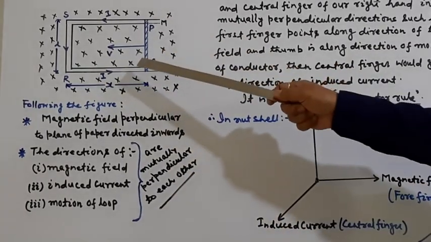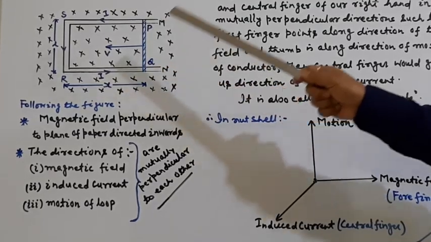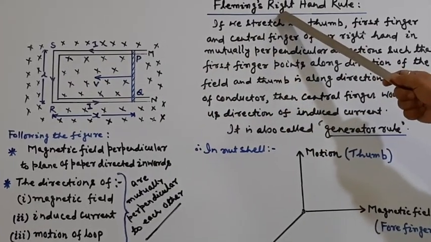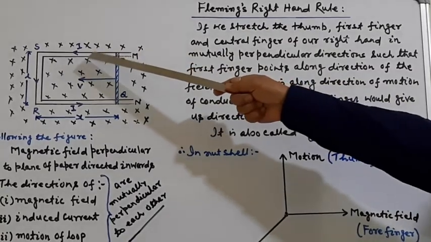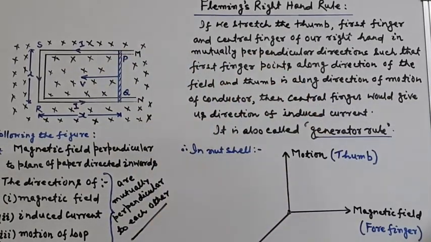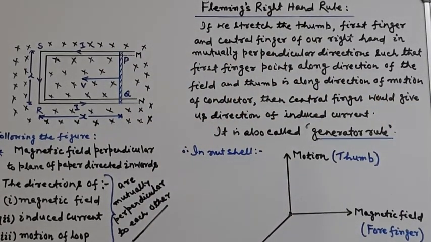So if you match this diagram with the statement of Fleming's right hand rule, the direction of induced current becomes clear. Here is the statement.